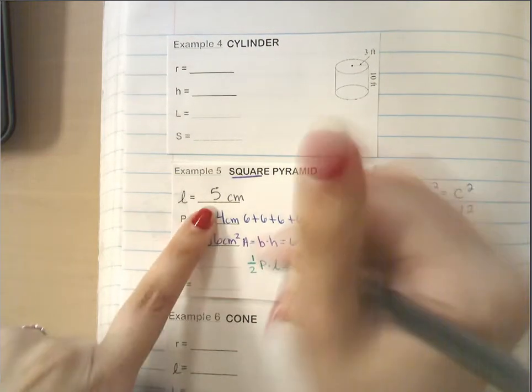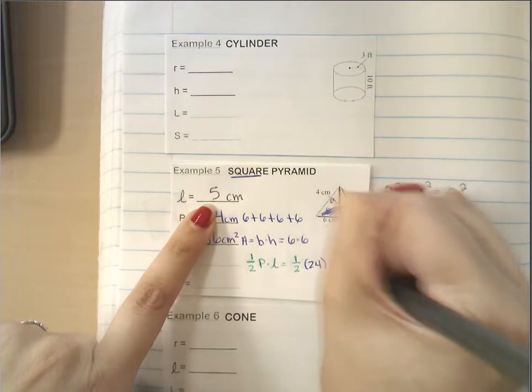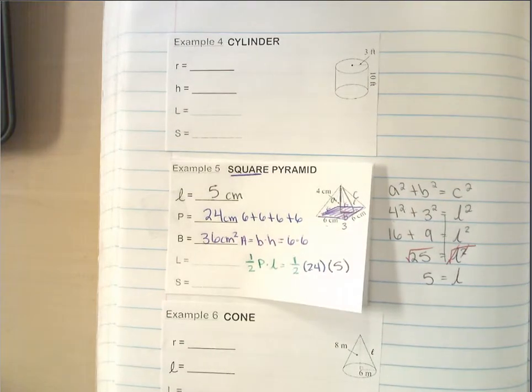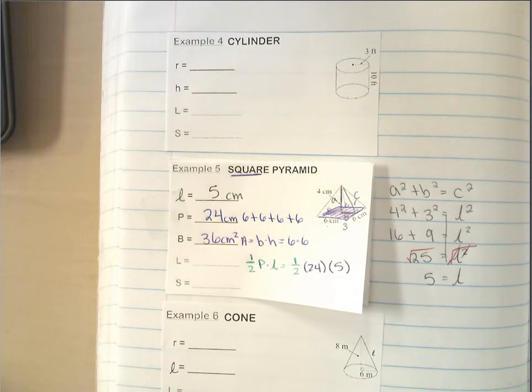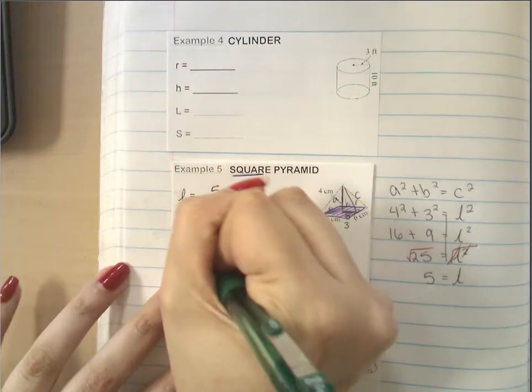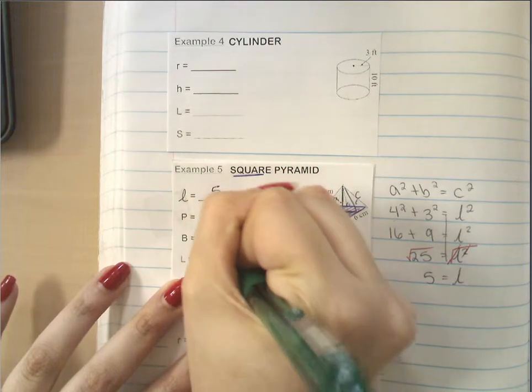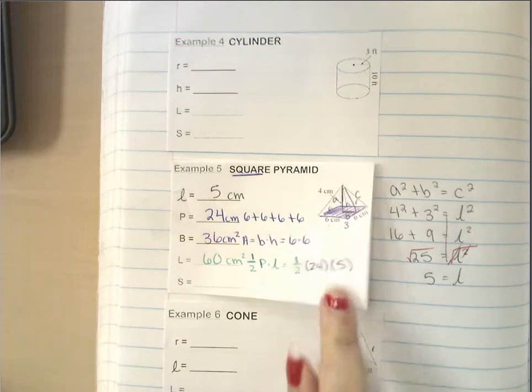Slanted height is the 5. And so again, I type that into my calculator, and for that I get 60. So my lateral surface area is 60 centimeters squared.